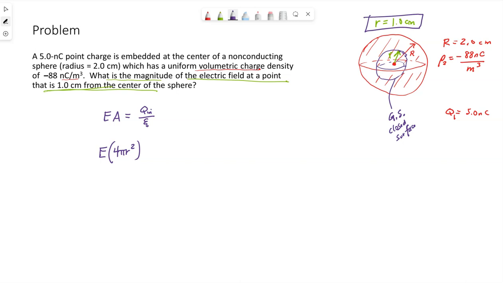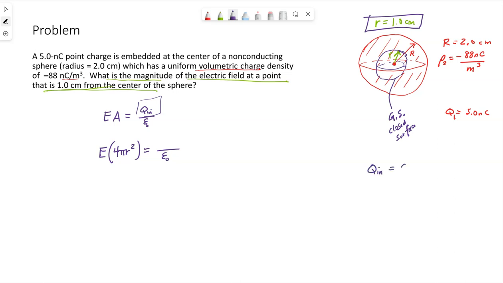R of this Gaussian surface is the 1 centimeter where we want to find this electric field. Epsilon naught is a constant, so on the right side, Q enclosed is the other piece we want to find.